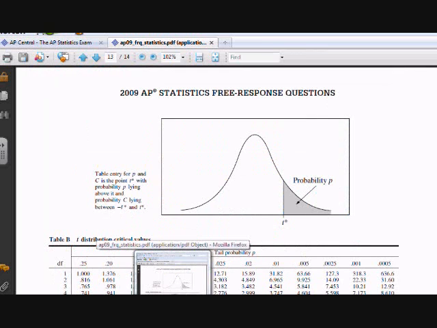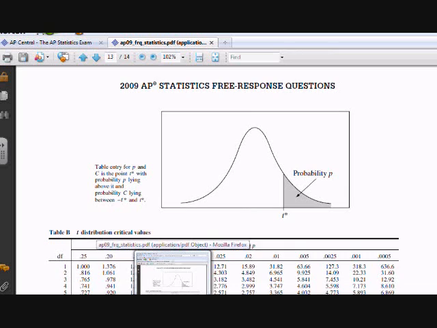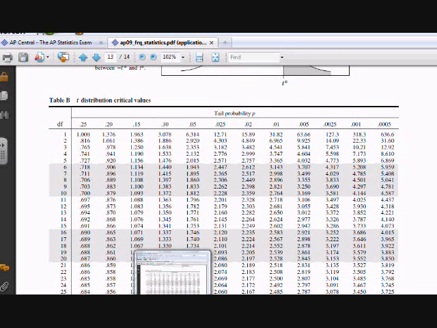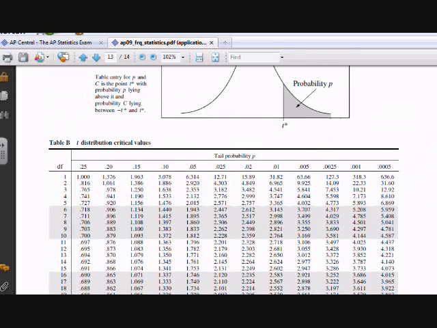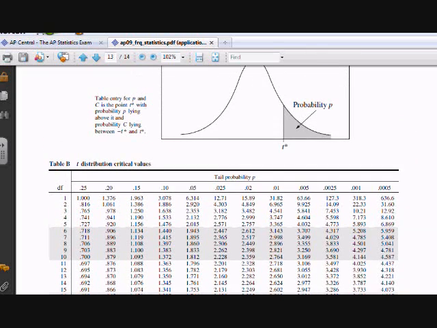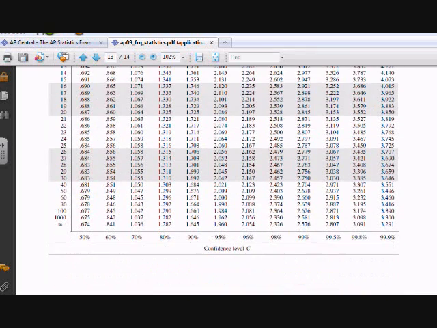Or, in the back of your book, you have a Table C. On this table that came from an AP exam, it's called Table B. It's called a t-distribution, critical values. If I go to the very bottom of this table, it says confidence levels. If I go to 90% confident, it says 1.645. So that's in the back cover of your book.